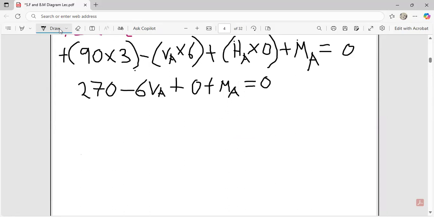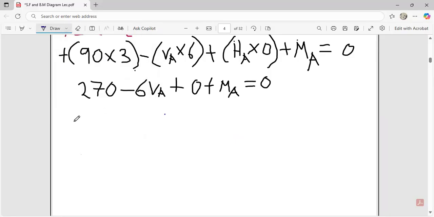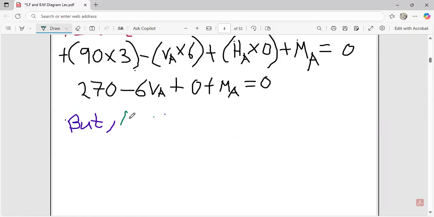There is something I'm supposed to do. Come down and tell the examiner that MA is equal to 1080. But right over here, speak to him. Okay? Yes. So you write but, comma, MA is equal to 1080. That is 1080 kilonewton meter.